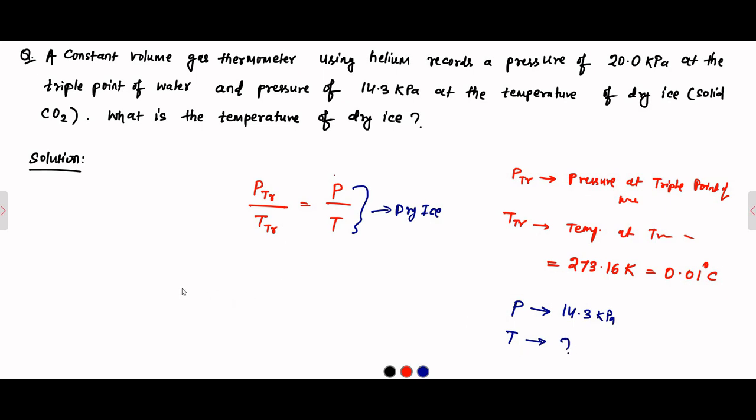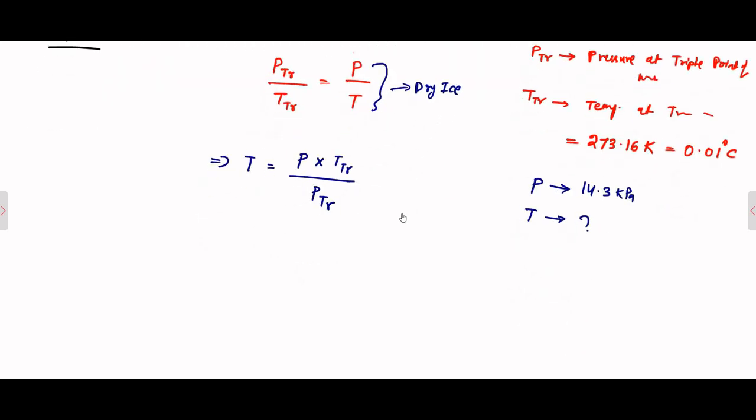So here we will use this concept, that implies T is equal to P into T_TR by P_TR. This will be the formula which we'll be using to calculate the temperature of dry ice.